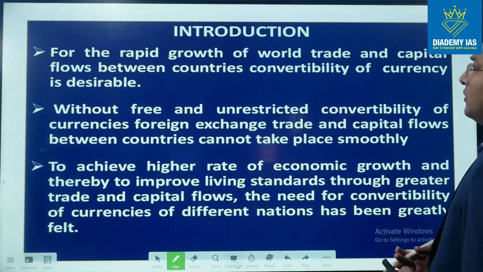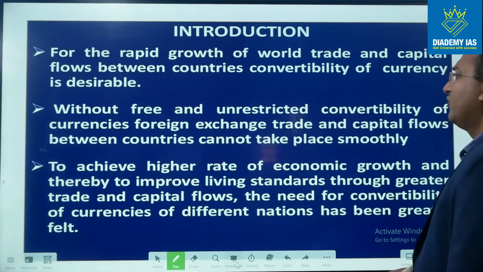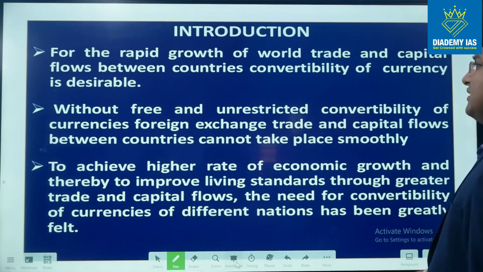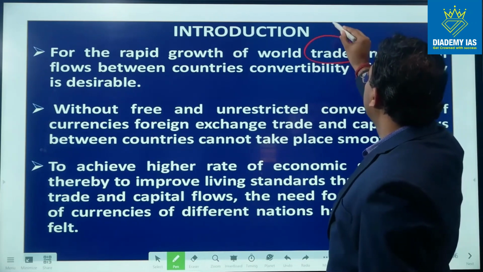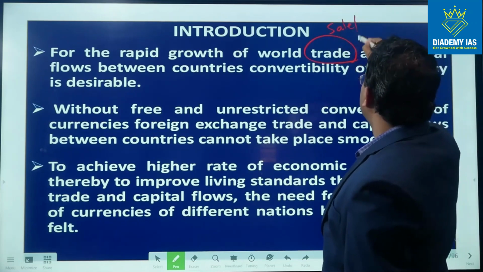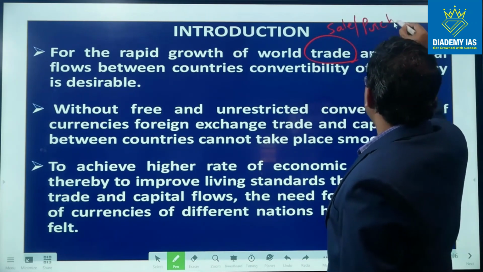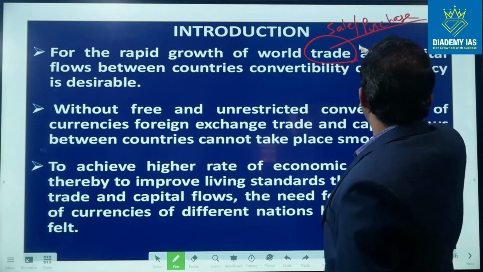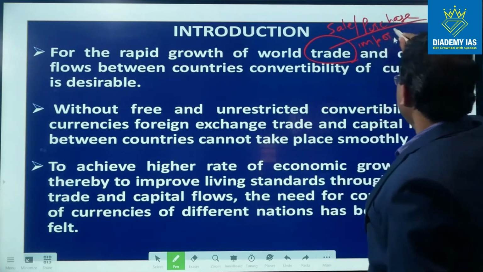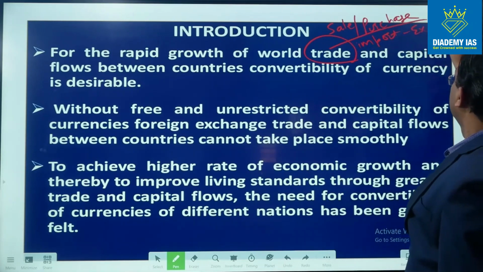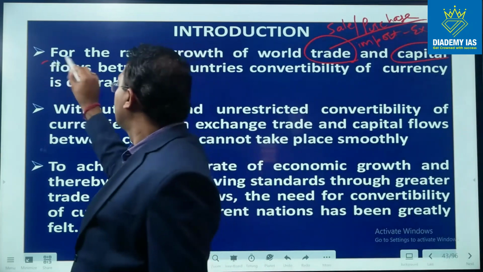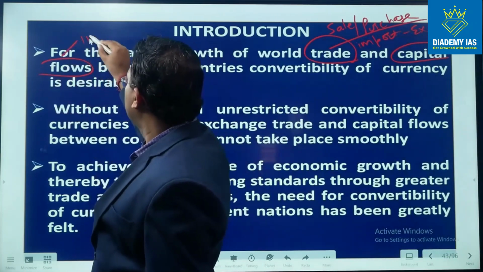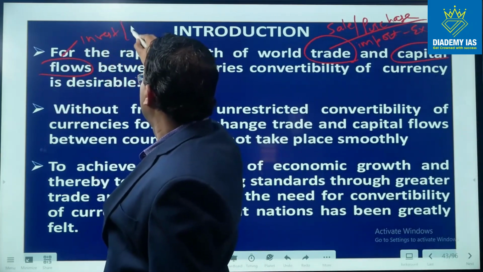Introduction. For the rapid growth of world trade and capital flows between countries, convertibility of currency is desirable, right? So if trade has to happen, that means sale and purchase of goods, that means import and export, and capital flows, so investment, loans.